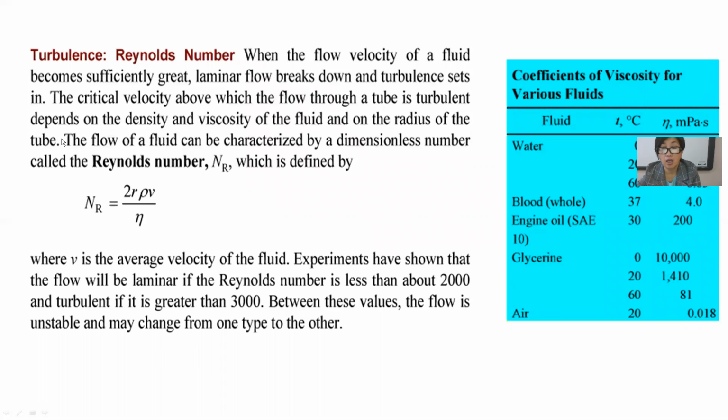Okay, we know the coefficient of viscosity for various fluids is different. Various fluids we know, maybe water, blood, engine oil, glycerin, air, etc. And this is temperature, with the viscosity coefficient.